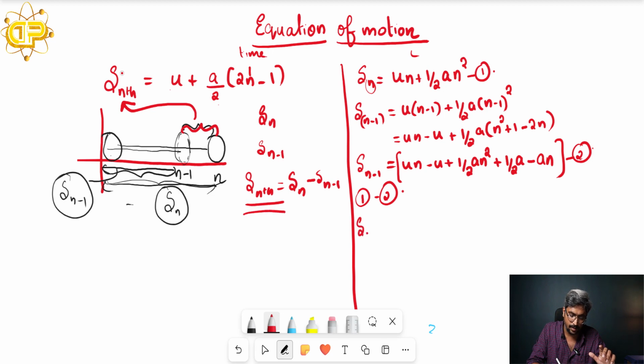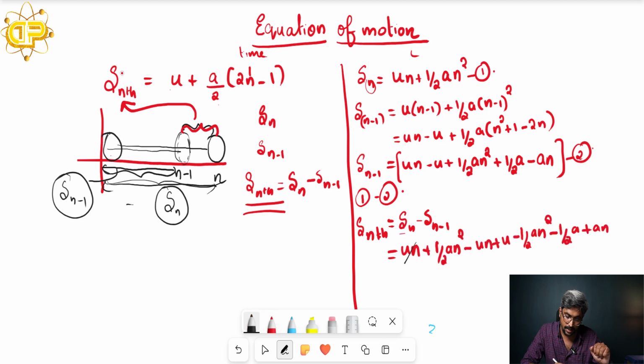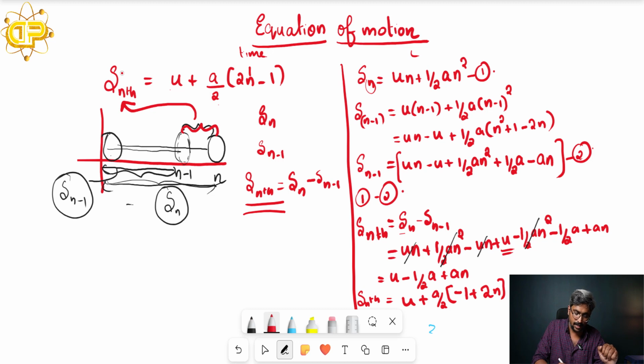Snth second is equal to Sn minus Sn minus 1. Here un minus un cancel out each other, half an square minus half an square cancel out each other, and the remaining, more precisely, if I write it out here, Sn is equal to u plus a by 2 into 2n minus 1.